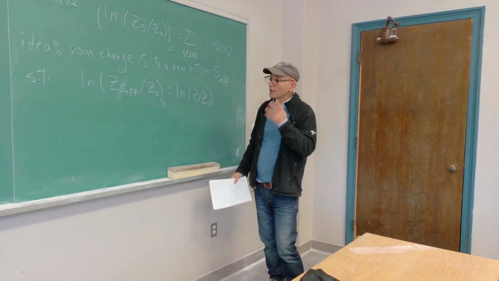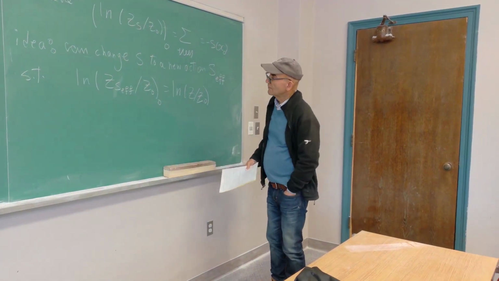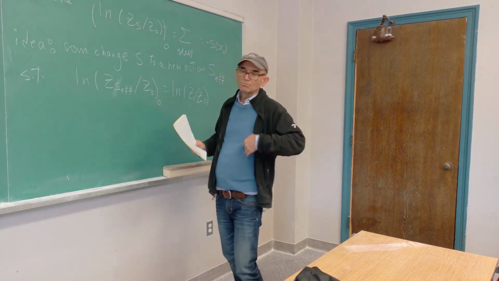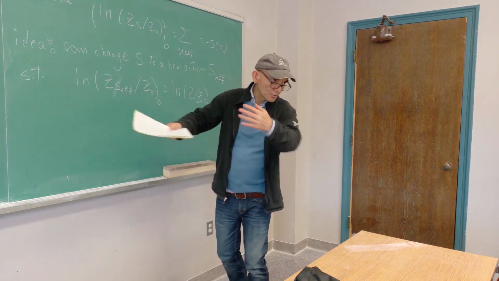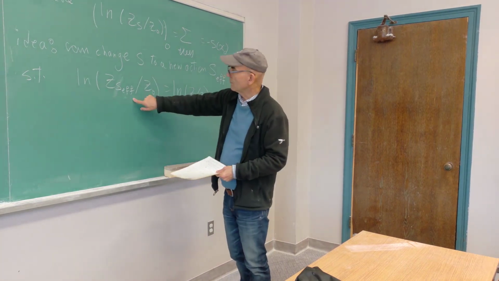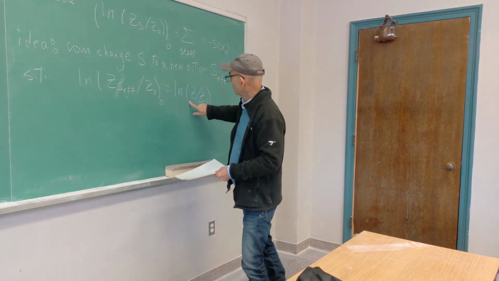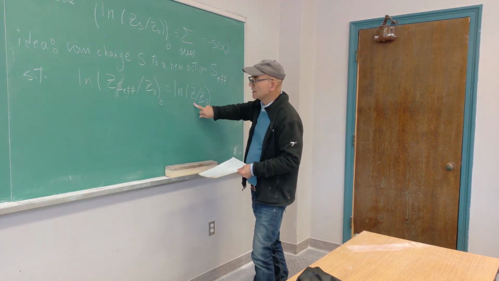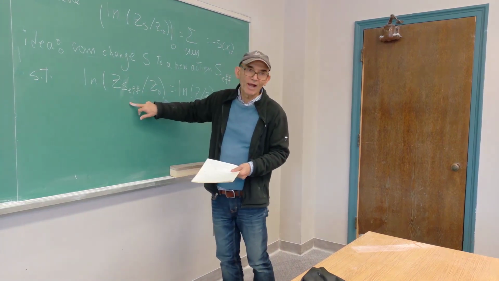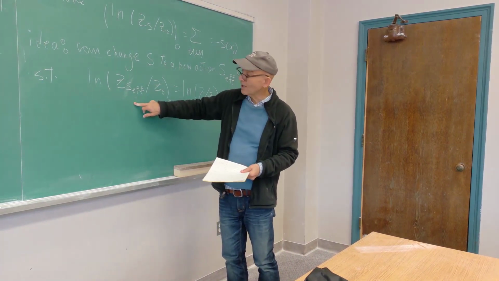Okay, so let's go slowly. Imagine you create a new action by somehow adding extra terms to your original action S of x, call it S effective of x, such that your partition function, and we want to compute this, is actually the 0 component of the partition function of this new action.